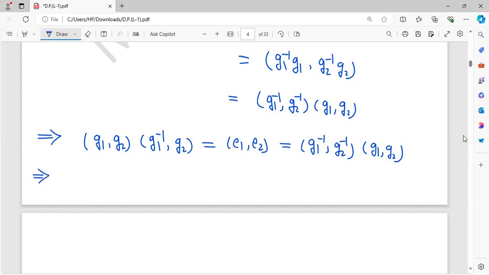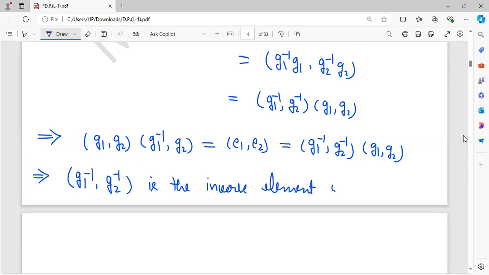So this implies (g1 inverse, g2 inverse) is the inverse element of (g1, g2) in G1 cross G2. Okay.